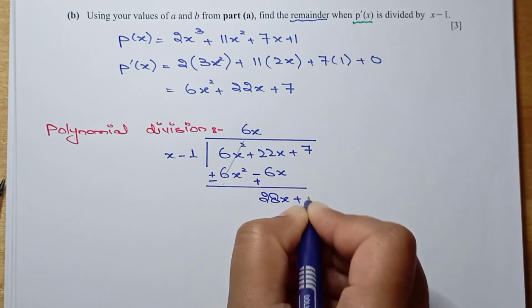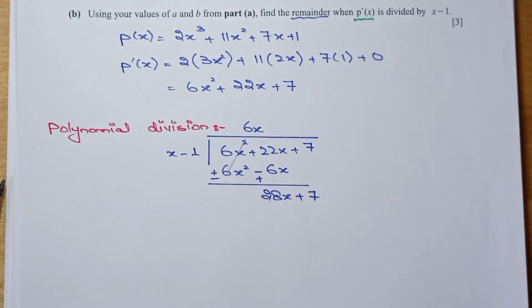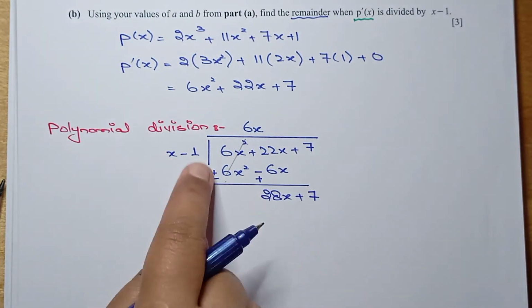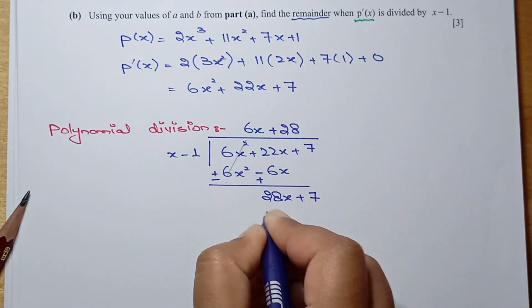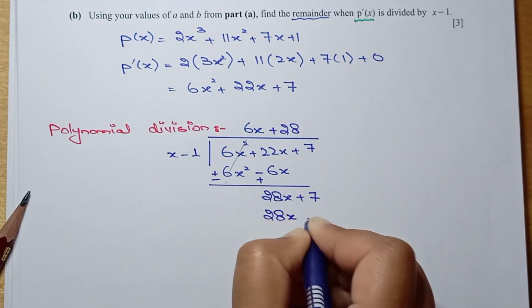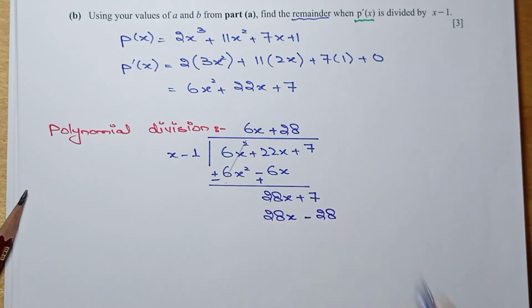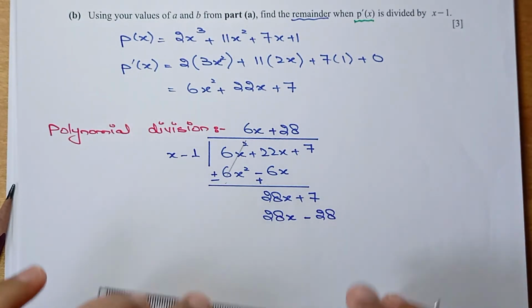28x plus 7. Right. So x minus 1 is going to multiply with 28 to get 28x, and 28 times minus 1 is minus 28. Right. Again we need to subtract.